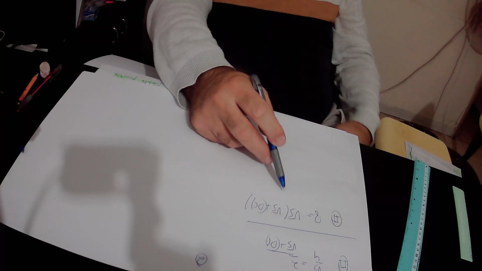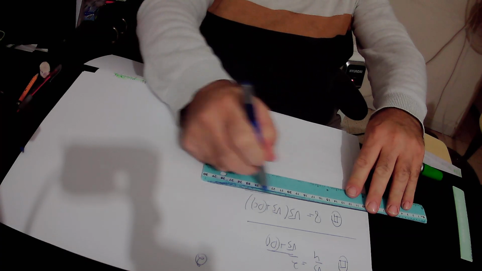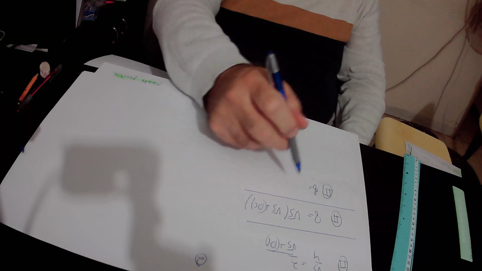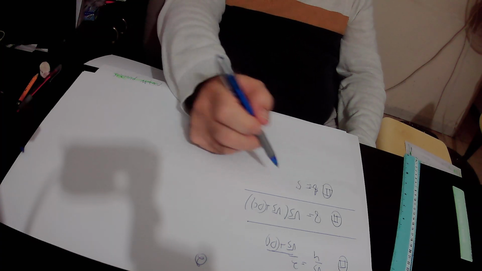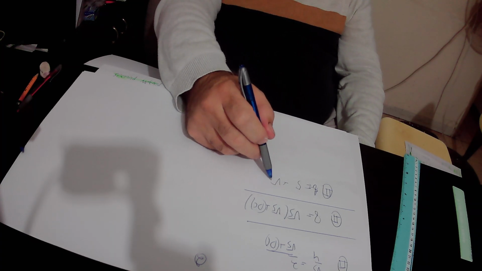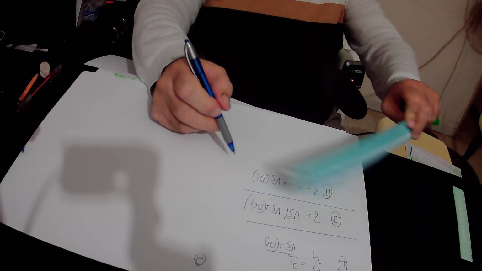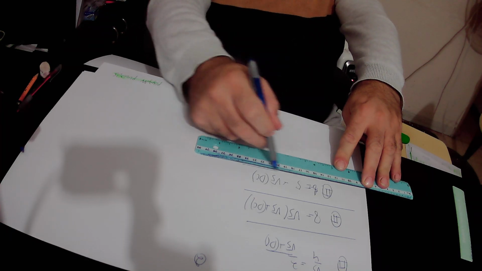Here we will open the brackets on this side of equation 2, and get that 8 equals square root of 5 times square root of 5, which is 5, and we have here square root of 5 times DC. So we found out that 8 equals 5 plus square root of 5 times DC.